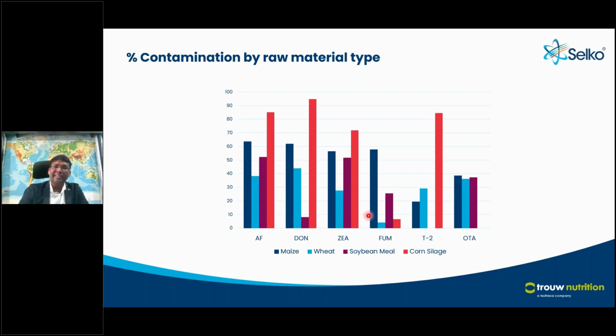So a bit more on the expected lines, but corn silage, a bit surprising high levels being seen. I think most of it is coming from the field before you make the corn silage. But if the silage processing is not good, maybe there is continuation of production of various mycotoxins within the silage.